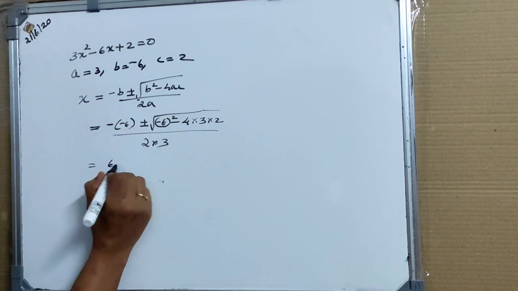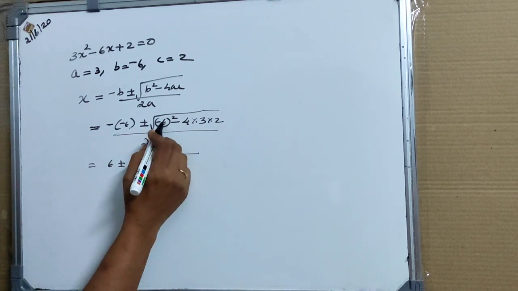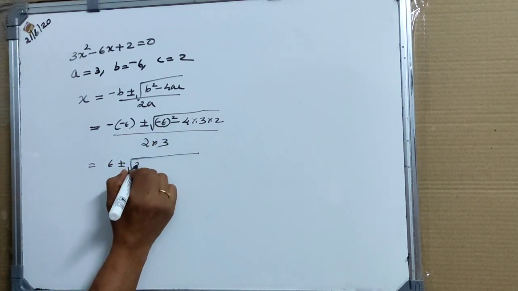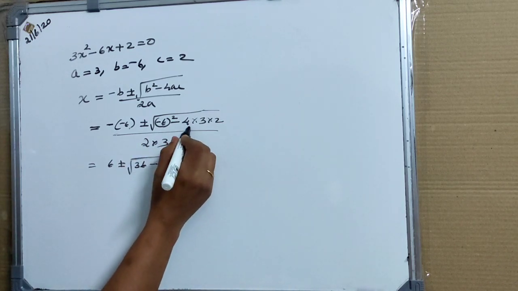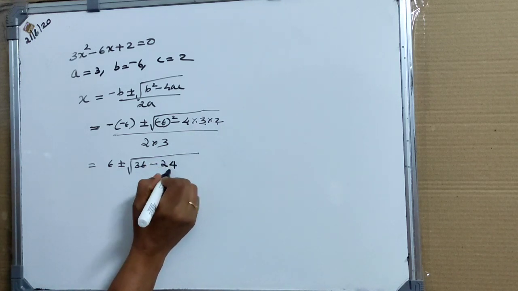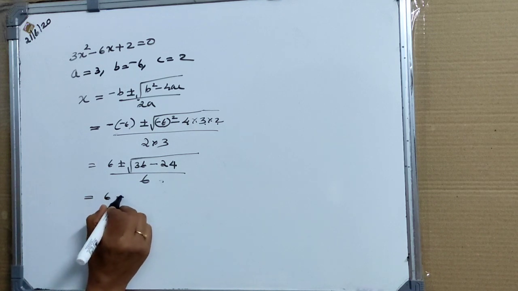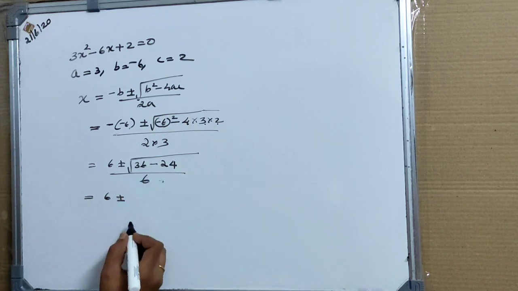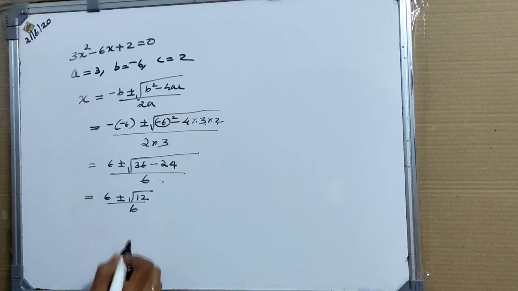Minus of minus is positive 6 plus or minus root of 6 square, which is 36, minus 4 3s are 12 into 2 is 24, by 6. That is 6 plus or minus root of 36 minus 24, which is 12, by 6. So 6 plus or minus root 12 by 6.